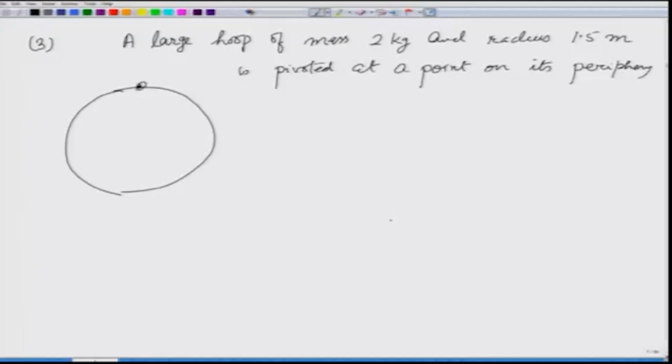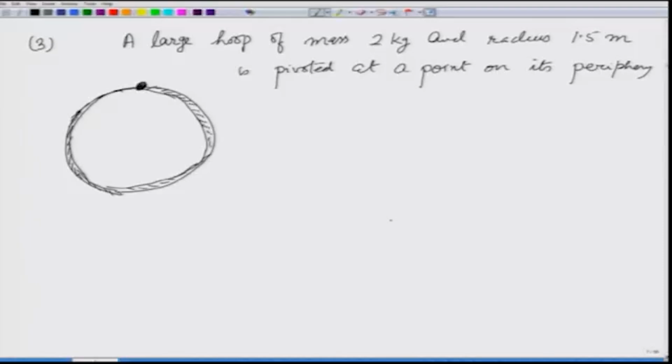So, this point is shown here and this is a hoop. So, it is like a ring. All the mass is concentrated only on the perimeter, on the circumference.